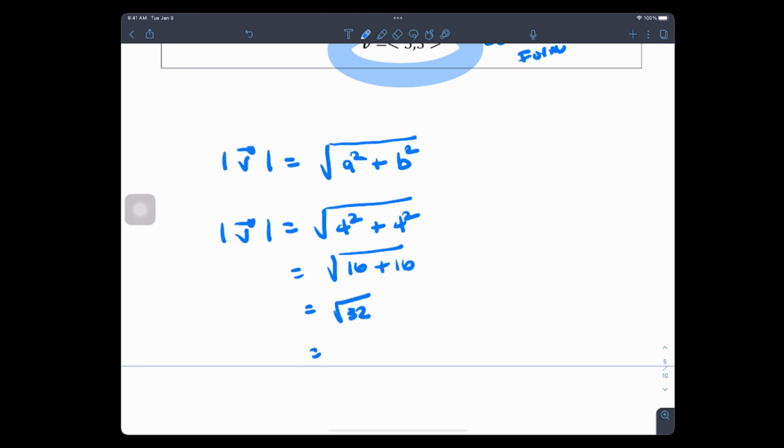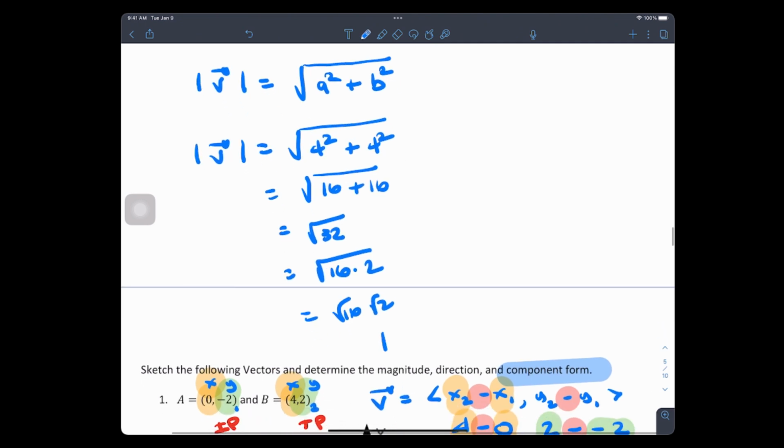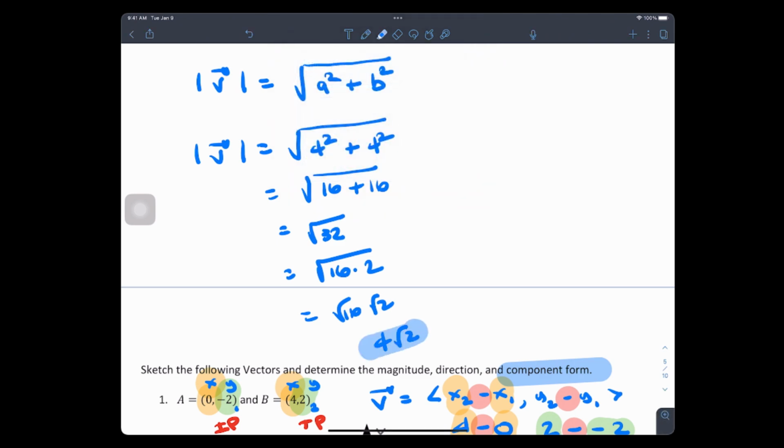Square root of 32. Now, you can really simplify this. Square root of 16 times square root of 2, so the length of this vector is really going to be 4 square root of 2 symbolically. Okay? So you might even see the answer symbolic, 4 square root of 2.